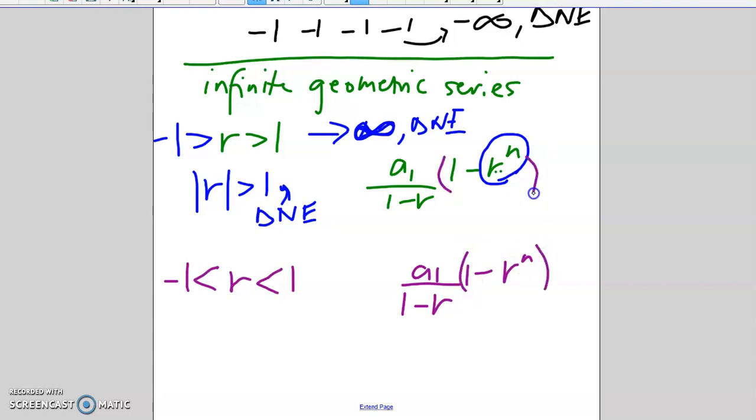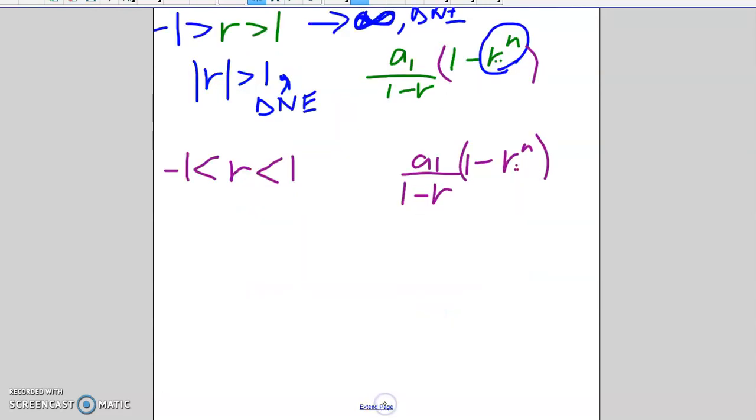And what happens when r is less than 1 is if we raise that to larger and larger powers, right? So if I've got 0.5 to the 1, that's 0.5. If I got 0.5 to the 2, that's 0.25. And you'll notice that these larger powers, if this number is less than 1, tend towards 0 here. Right?